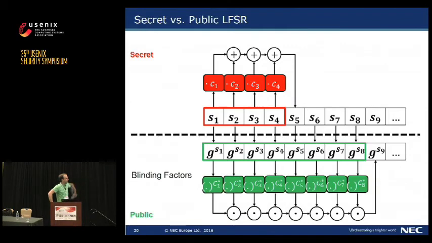We use in the public LFSR a multiple of the feedback polynomial of the secret one. So the LFSR gets much longer, but it again cannot be transformed back because it's not possible to factorize this polynomial, as we are in an RSA group and cannot compute inverses there.